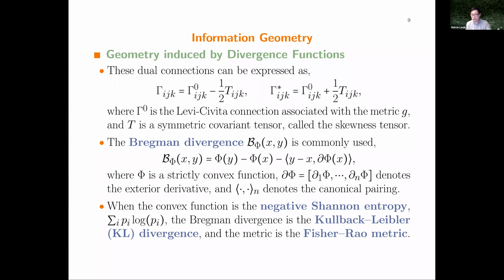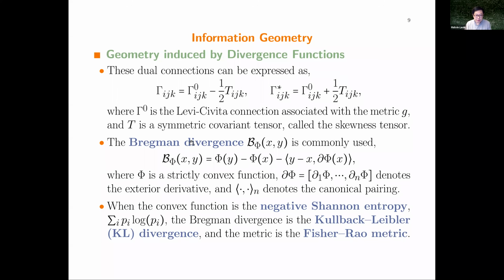So I've said that if I give you a divergence function, I can construct a Riemannian metric and this pair of dual connections from that. So one natural question to ask then is: is there a way, given a Riemannian metric and a pair of these torsion-free dual connections, to construct a divergence function which generates those things? Okay, so that's something which we'll return to at a later point. And it turns out there's a nice mechanical connection to this.